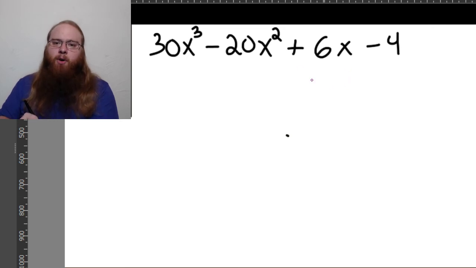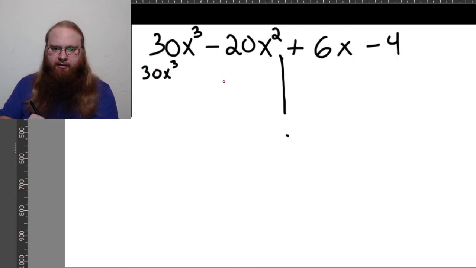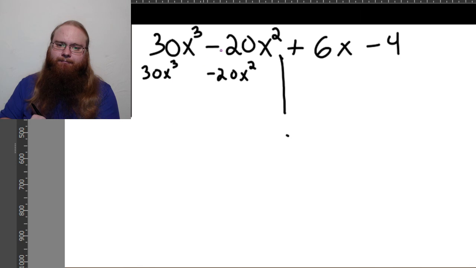Okay, so we're going to go ahead and split this one up right here. So we're going to factor 30x to the third, negative 20x squared. Now remember, we only worry about the negative if they both have it.